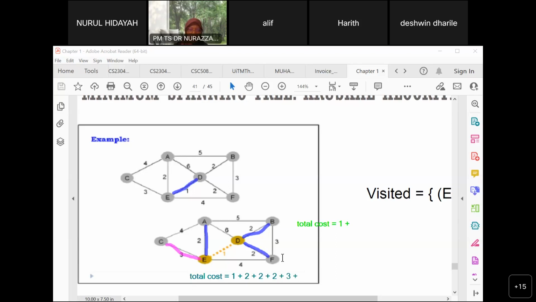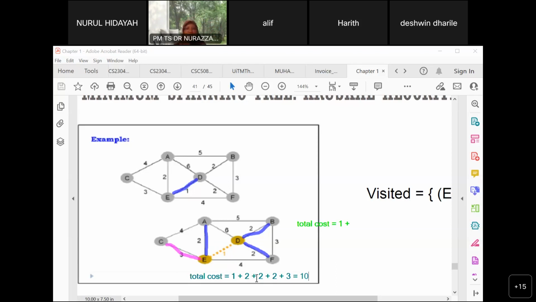Plus 3 ada berapa? 1 je kan. Kemudian 2 plus 3. No. 3 1 saja. 1, 2, 2, 3. Okay. So, berapa ni? 6, 7, 10. 10. Kan? Itu yang paling minimum lah.